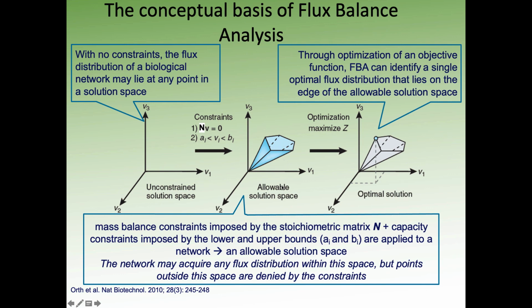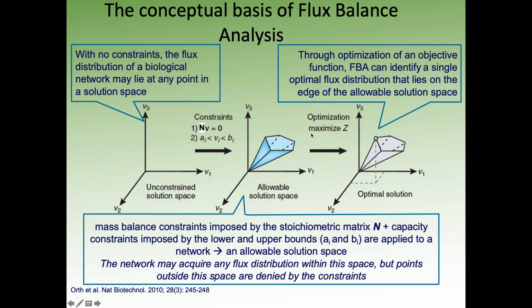And then the next thing we can do is create an allowable space for the solution, where, based upon these constraints, we've limited the amount of the total space where things can be. This is based on the stoichiometric matrix and some upper and lower bounds that we can pick that become reasonable once we put those stoichiometric values into place.